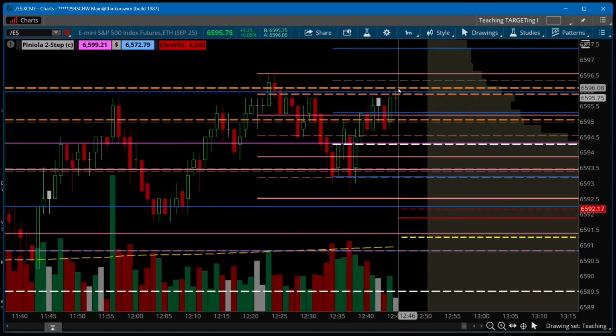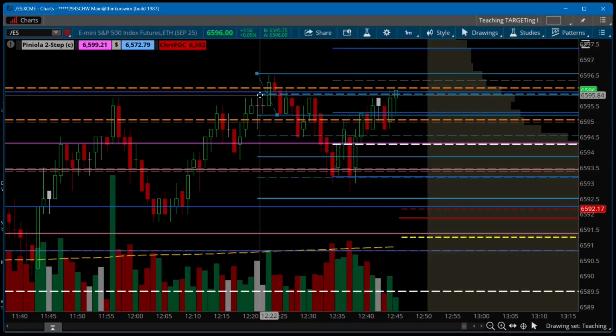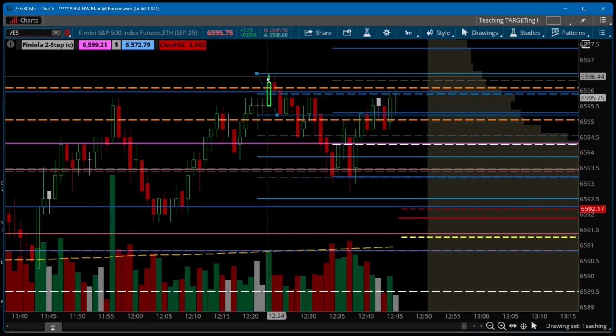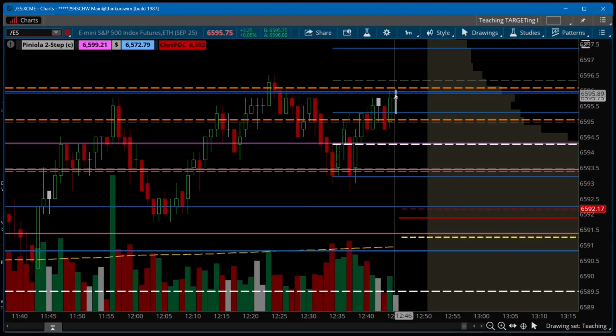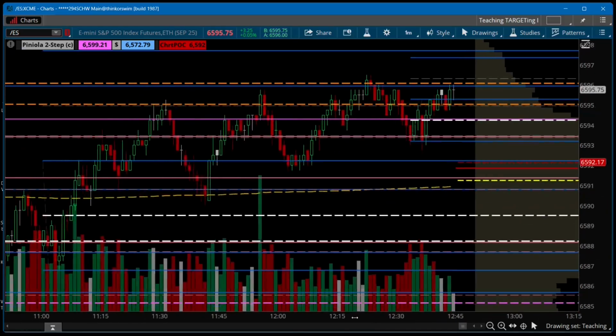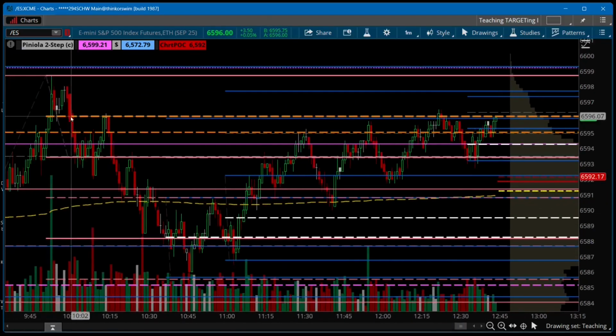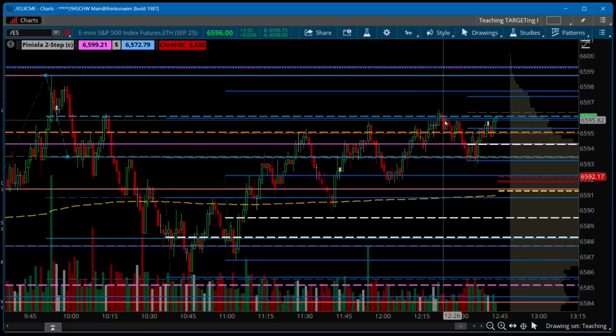Now, if we work our way through this resistance, even to right here, in fact, I'll probably go ahead and delete that right now. I've already shown how strong that 0.5 mark was. And this is a 0.5 mark from way earlier. That was this move. And it's been holding it right through this area. This one held it to here.